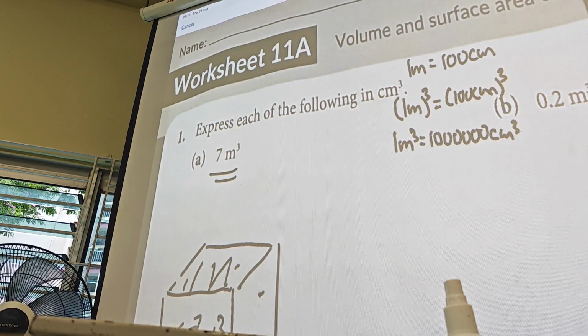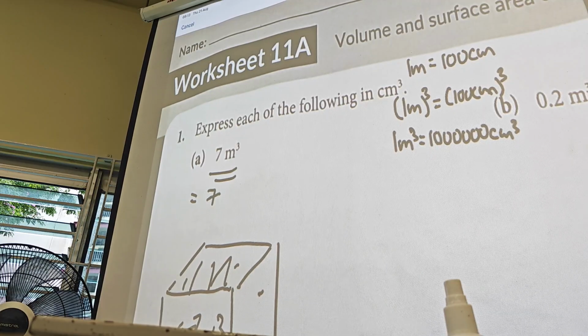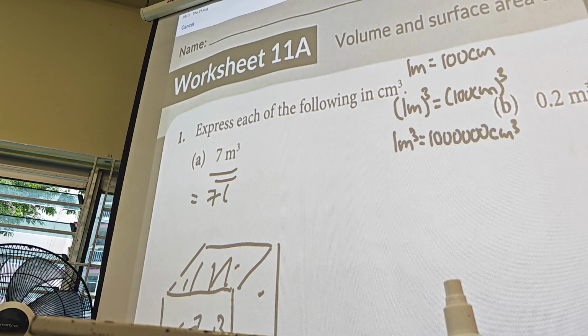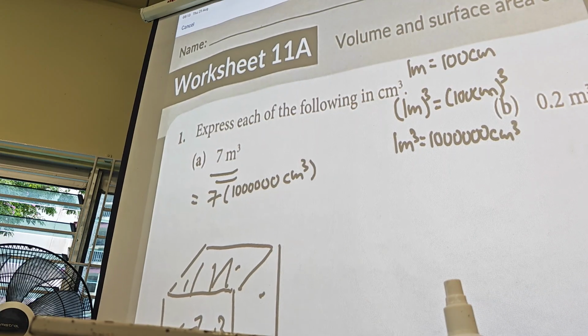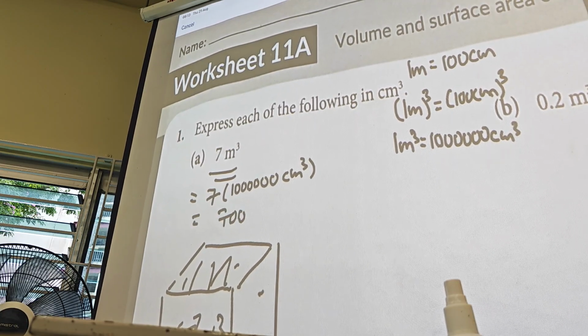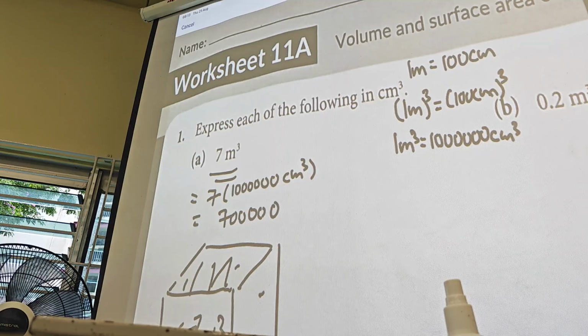Then once I have this, I can do my substitution. Every 7 meter cube is 7 times of 1 meter cube. Then every 1 meter cube is 1 million cm cube. So the result will be 7 million cubic centimeter.